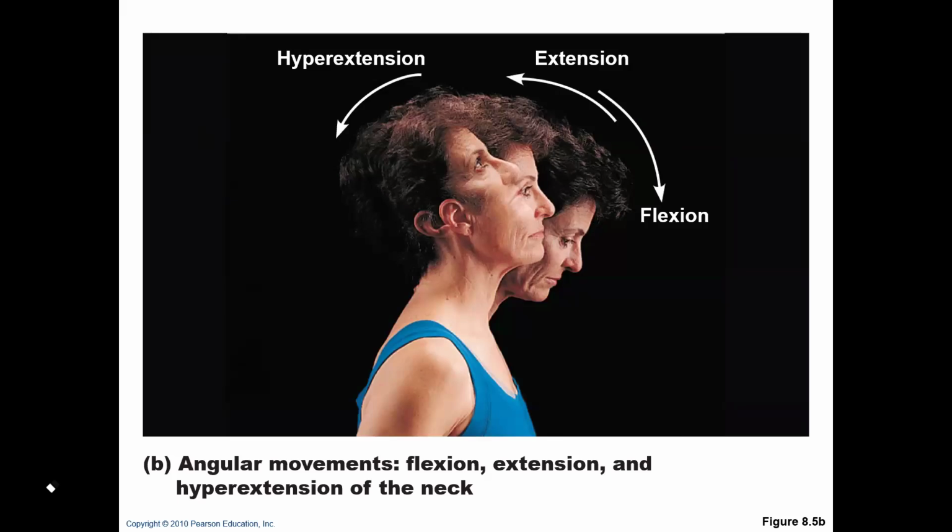So for flexion, typically, if there's an angle between a joint and the angle between the two bones is getting smaller, we call that flexion. If you think of the chin and then the sternum, as she bends her head forward and down, the angle between the two is getting smaller. So when the angle gets smaller between the two bones as the movement occurs, that's called flexion.